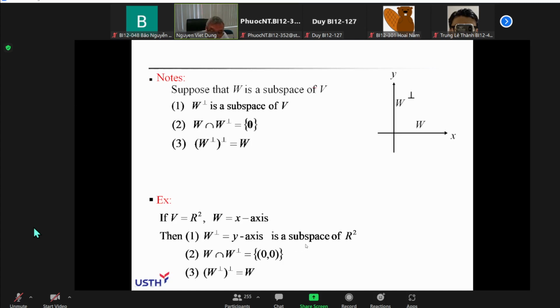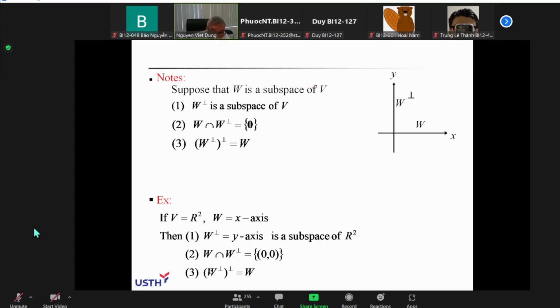It is obviously a subspace of R2. And if you take the intersection of W and W perpendicular, the two lines intersect at only one point, that is the origin, (0, 0).